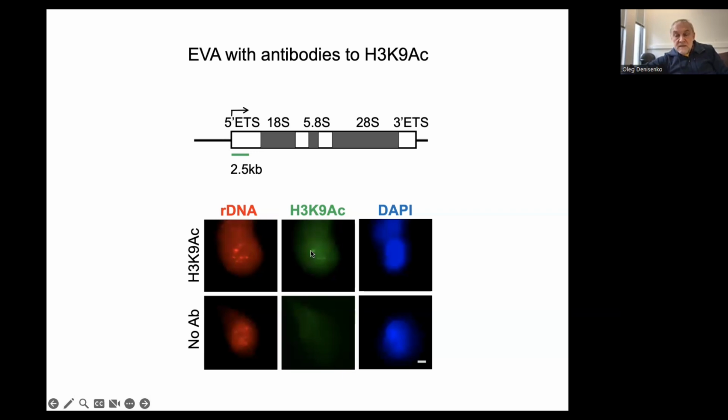So you can see that the green color corresponds to some of the ribosomal DNA clusters, not all of them, which indicates that not all clusters are transcribed in this particular cell. In the control experiment, where no antibodies were used, we can still see red dots, but no green signals.